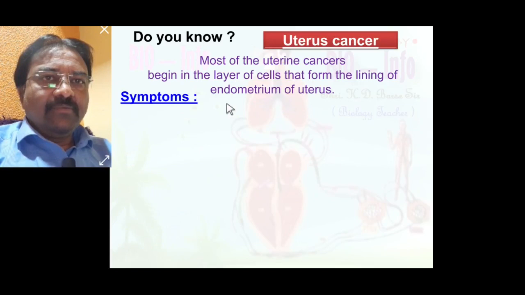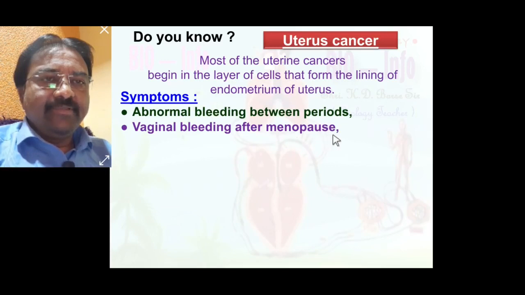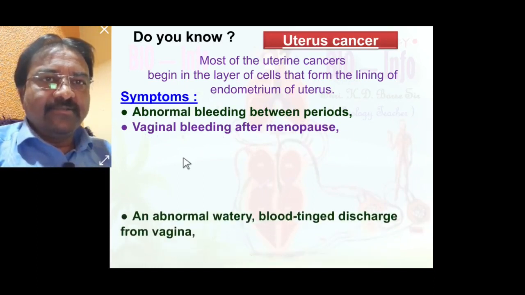What are the symptoms of uterus cancer? Abnormal bleeding takes place between the periods. So this is a symptom of uterine cancer. Vaginal bleeding after menopause, if the menstrual cycle has stopped but vaginal bleeding is still seen, is also a symptom of uterus cancer.